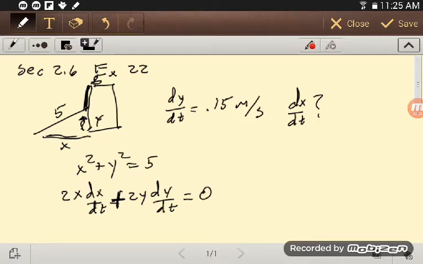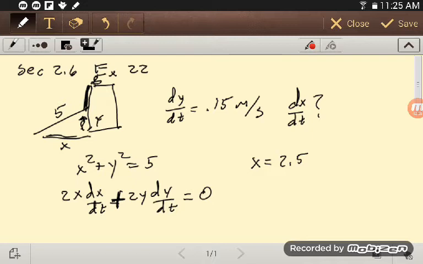Okay, so we know dy/dt, and they say to do this when it is 2.5 meters from the wall of the building. So we're told x is equal to 2.5 meters, and now, what's y?